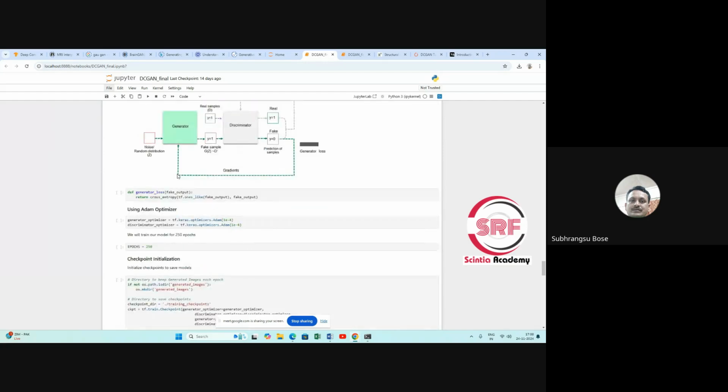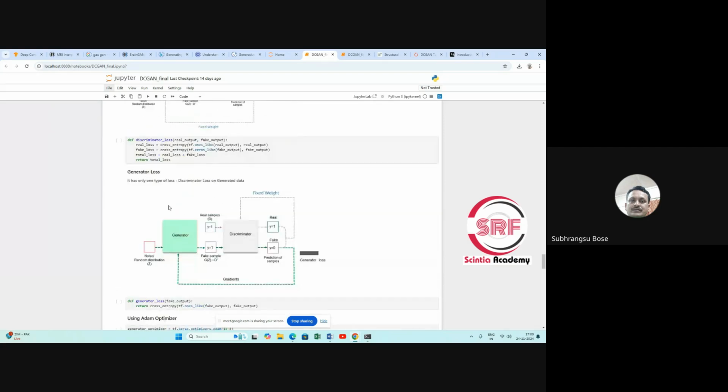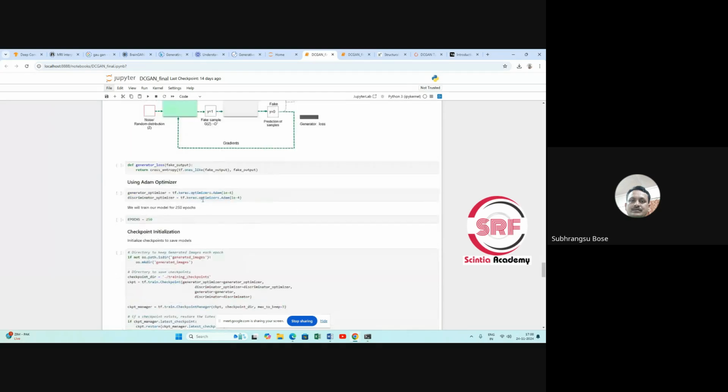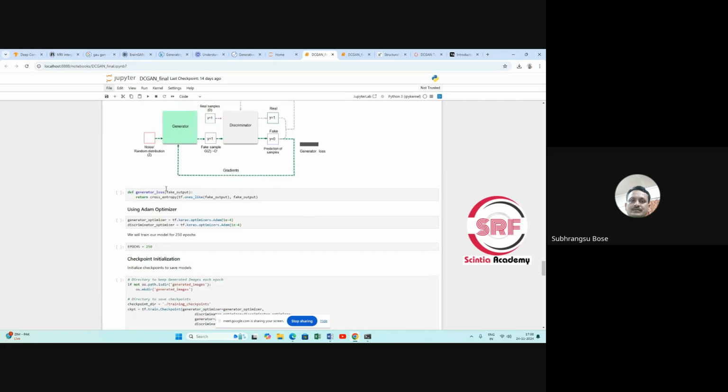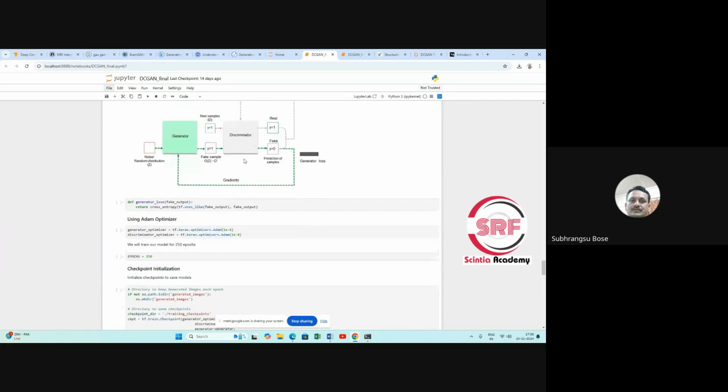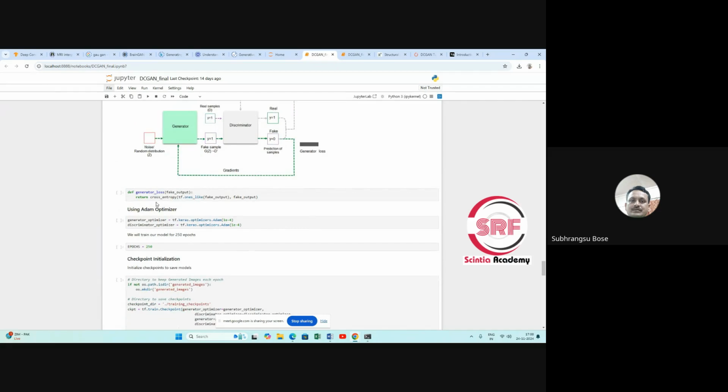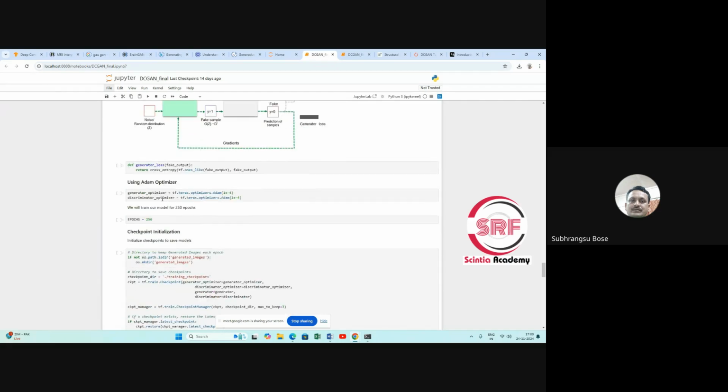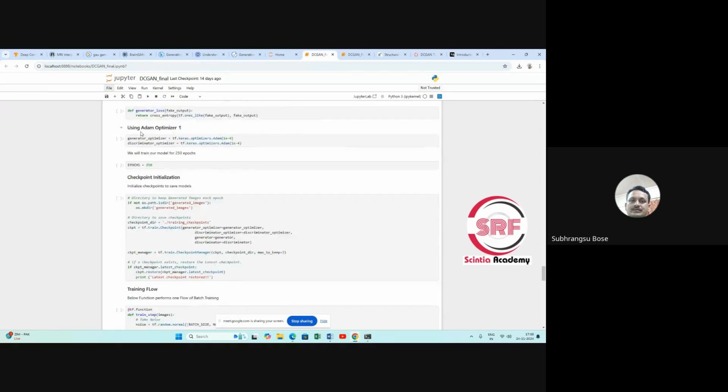And generator losses work the same way, but there is no need for real loss, only the fake output, because the generator just wants to fool the discriminator. That's why fake output is important for generator loss. Then Adam optimizer. It is a very common optimization algorithm for the GAN.